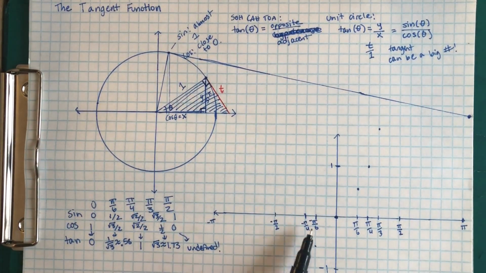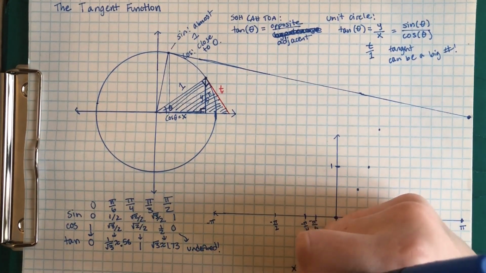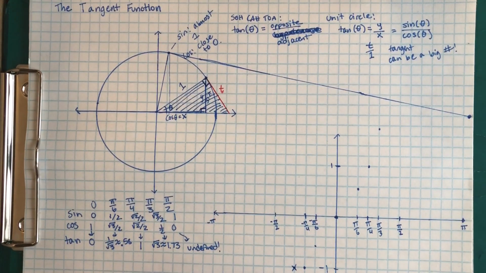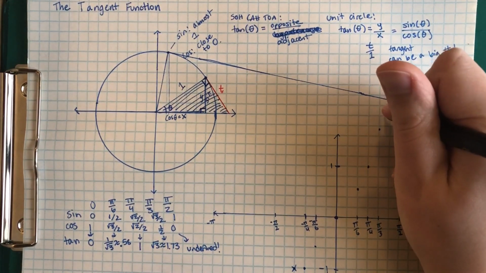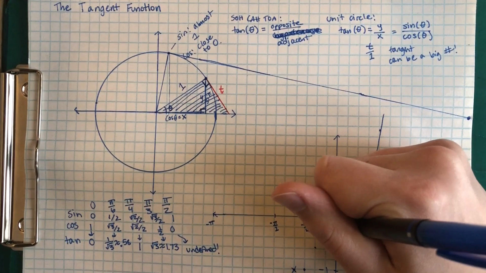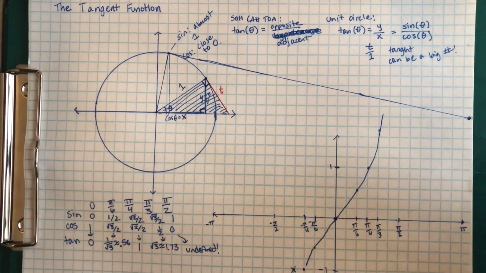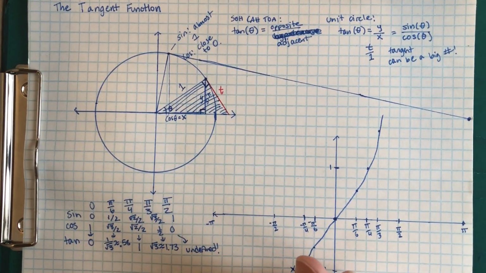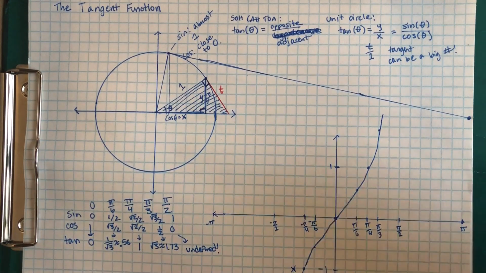The tangent of negative pi over 3 would be negative 1.73, which is right about here. And the tangent of negative pi over 2 would again be undefined. So if we connect all these together, we see that we get this kind of S shape almost that goes up as we move from left to right.